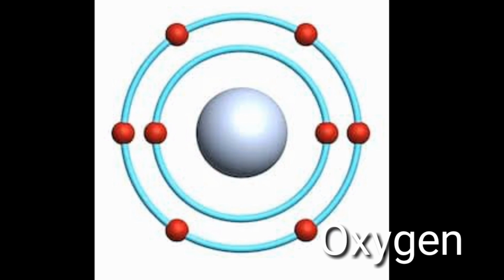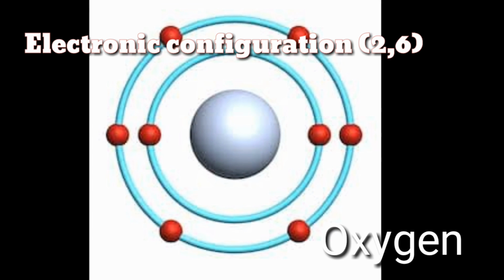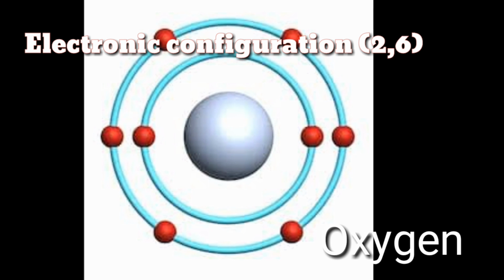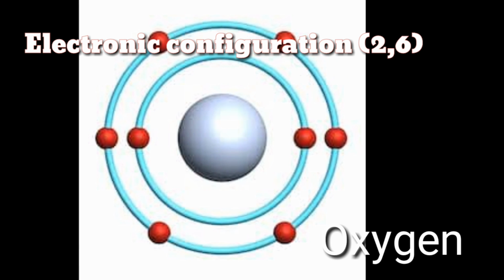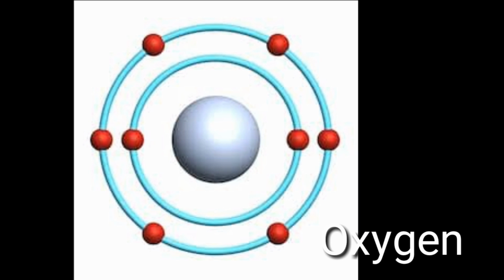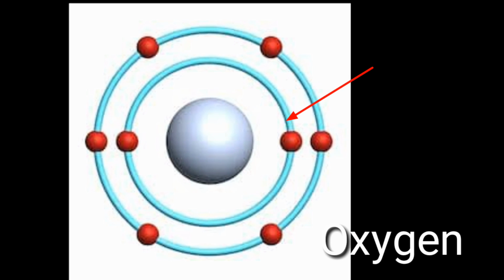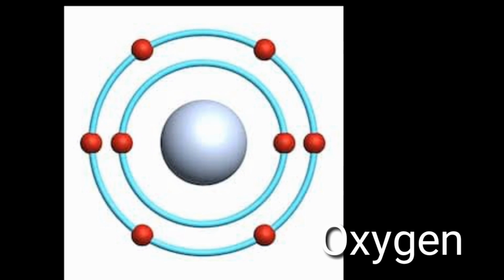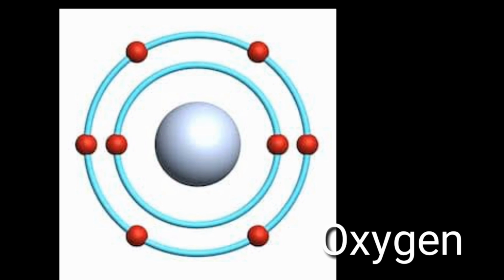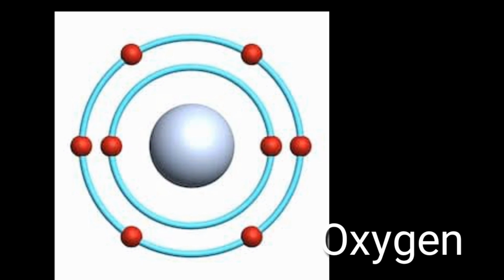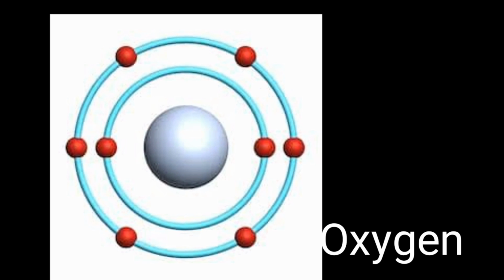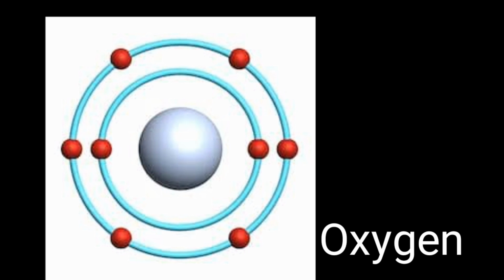Next, take the example of oxygen. Its electronic configuration is 2, 6. That means 2 in the K shell and 6 in the next shell, the valence shell. In this picture you can see that 6 electrons are in the outermost shell.